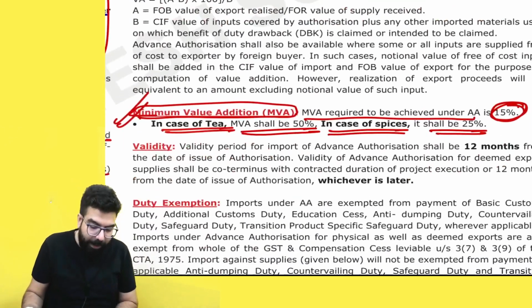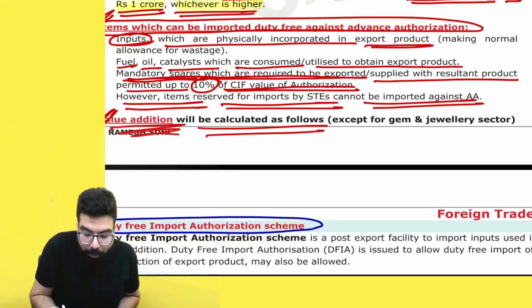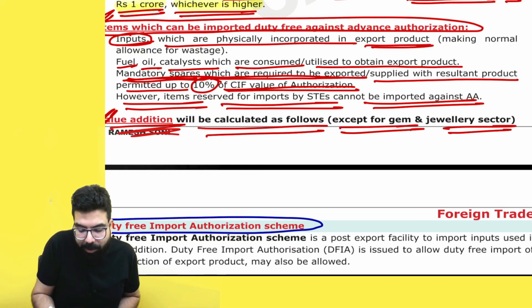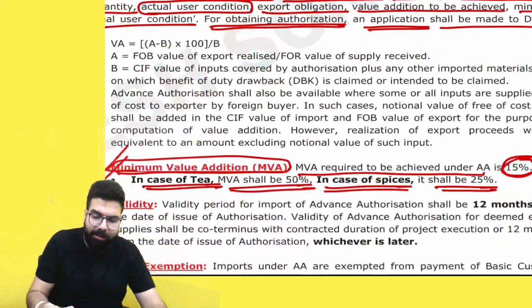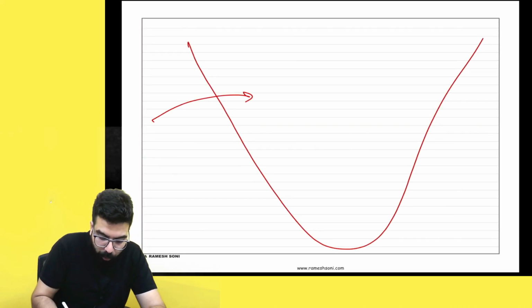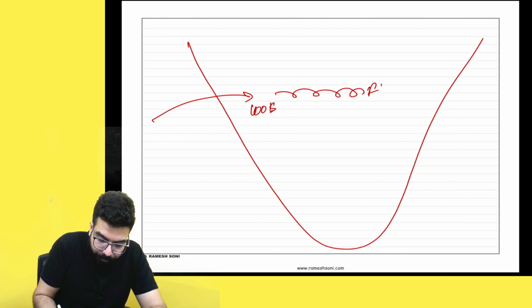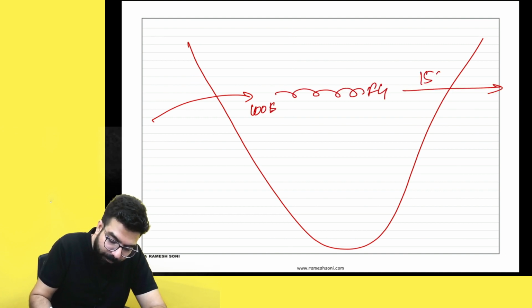And how should this value addition be calculated? Very important. Value addition will be calculated as follows, except in the gems and jewelry sector. Say you imported some goods at $100 and you made the final product and exported at $150.